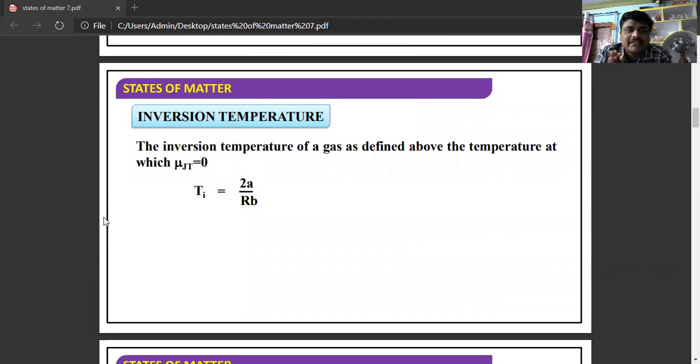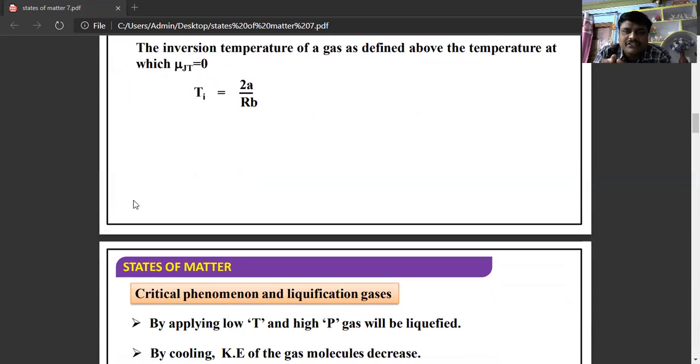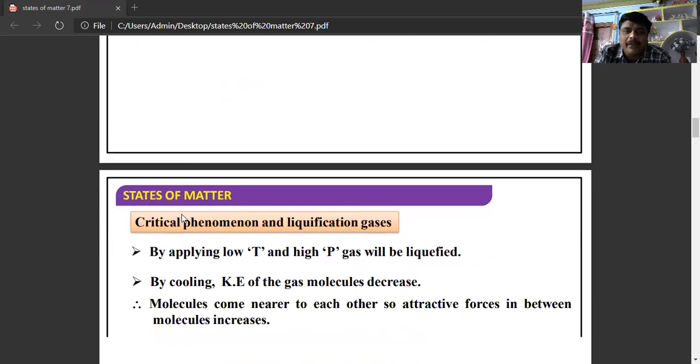So the inversion temperature of a gas can be defined as the temperature at which the Joule-Thomson effect becomes zero. Ti is nothing but the inversion temperature, and Ti is equal to 2a by Rb.